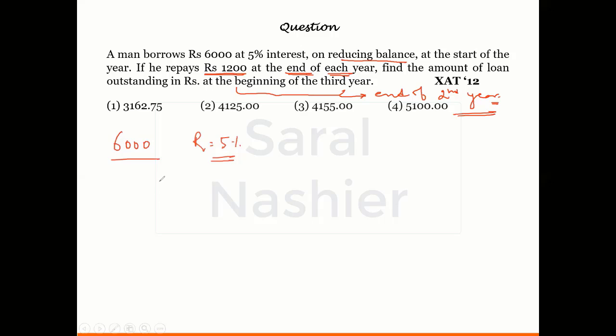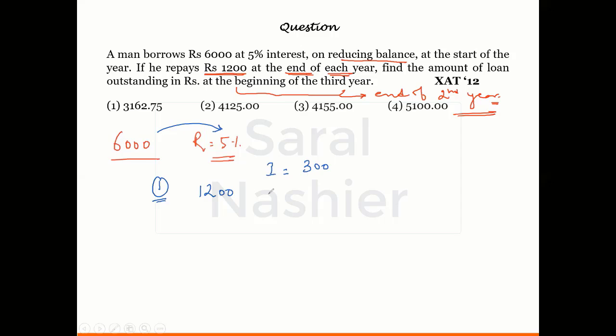Let's figure out. The first installment that he pays is 1,200 rupees, but he has to pay an interest of 5% on 6,000 rupees. So what is the interest amount? The interest amount is 300, but the person has paid 1,200.